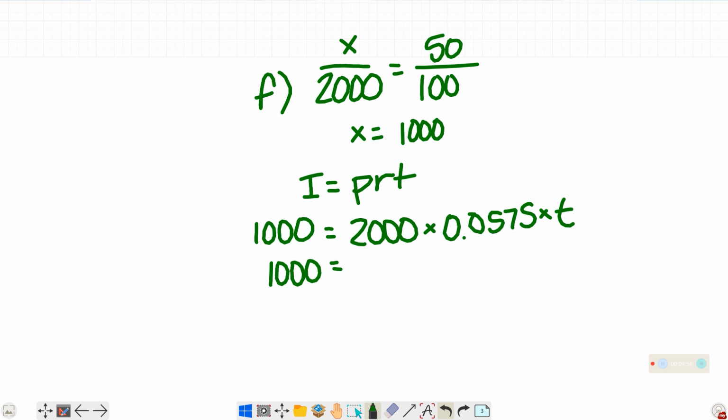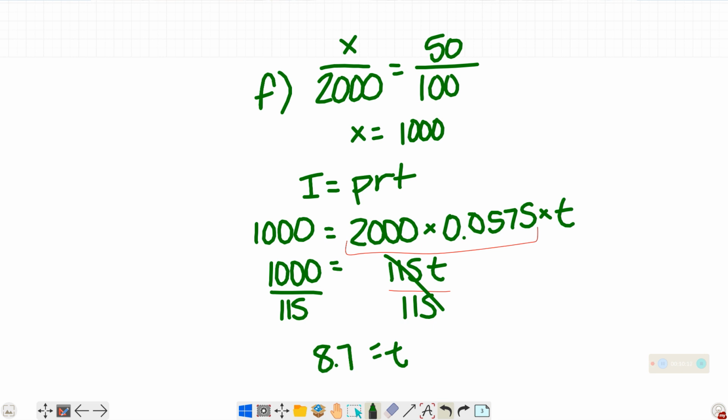We already know that those two values come out to 115, and now we just need to figure out how long it's going to take. So we can divide both sides by 115 using algebra. And we can see that t is going to equal approximately 8.7. So he will earn $1,000 in interest after over 8.5 years, between 8 and 9 years.